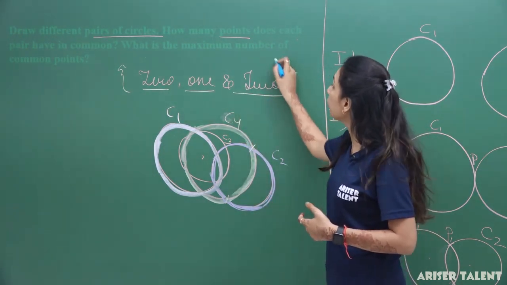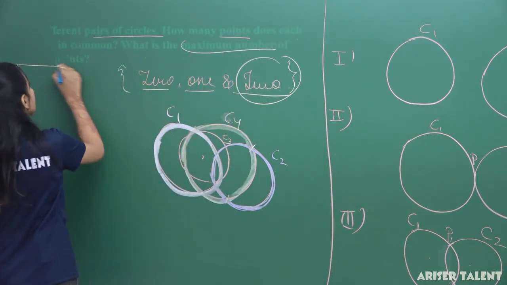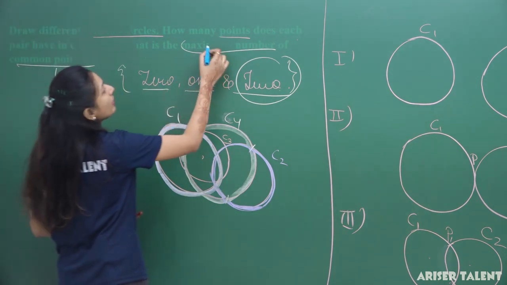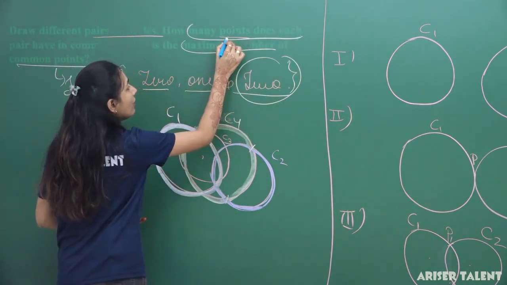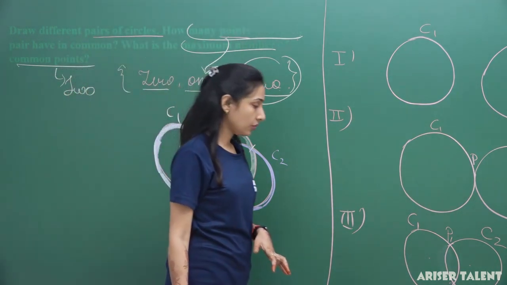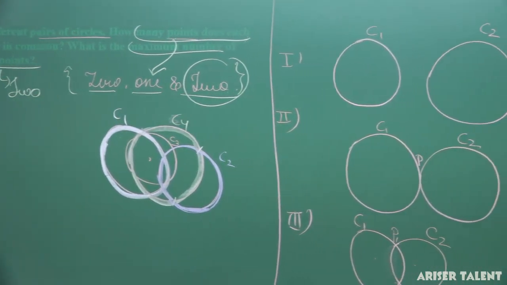That means a maximum of 2 common points. So how many maximum common points? 2. And how many points will each have? This is 1, 2 and 0. Is this clear to you? Okay. Noted. Then we'll move forward to the next question.